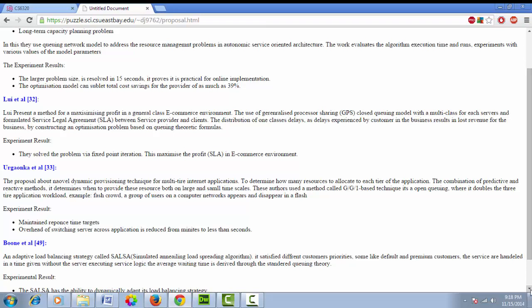It handles a doubling of the three-tier application workload, and the experimental result is that the response time target is maintained. The overhead of switching servers across applications is reduced from minutes to less than a second.